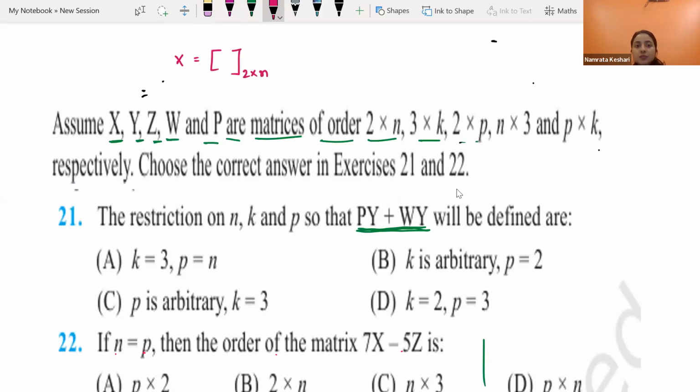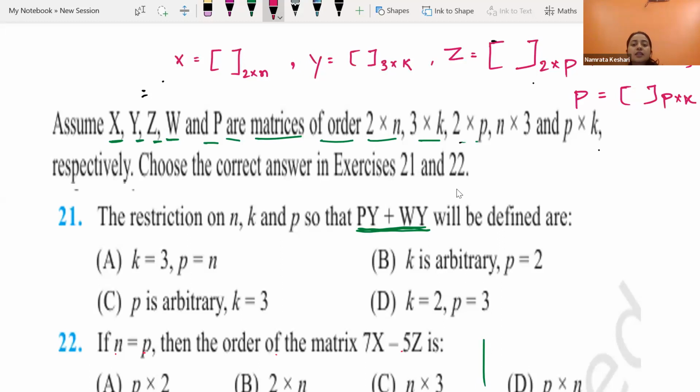Then Y is a matrix, order of that matrix is 3 by K. Then Z is another matrix, order of this matrix Z is 2 by P. Then W is there, and the order of W is N by 3. And then P is there. Order of P is P by K.